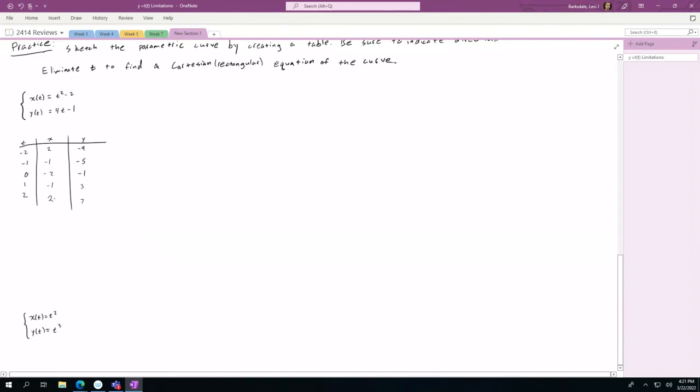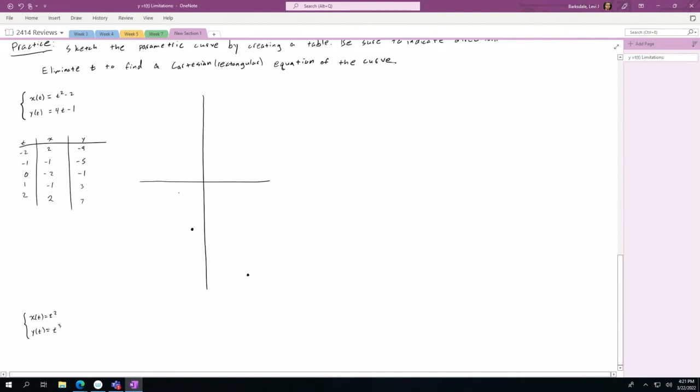Okay, which means I can now go ahead and graph this. So when t is -2, I have an x value of 2 and a y value of -9. When t is -1, I have an x value of -1 and a y value of -5, which would put me about right there.